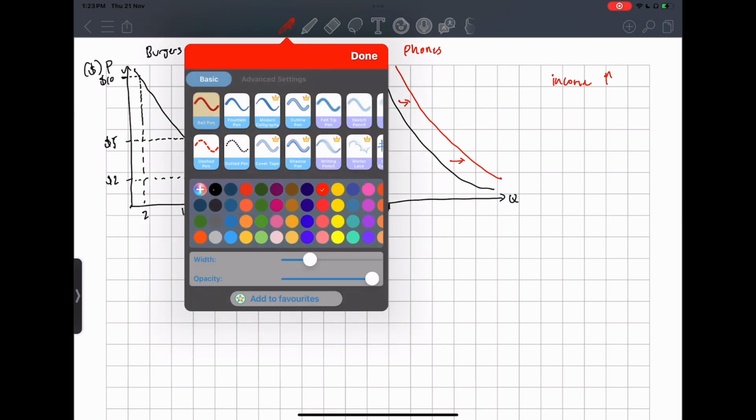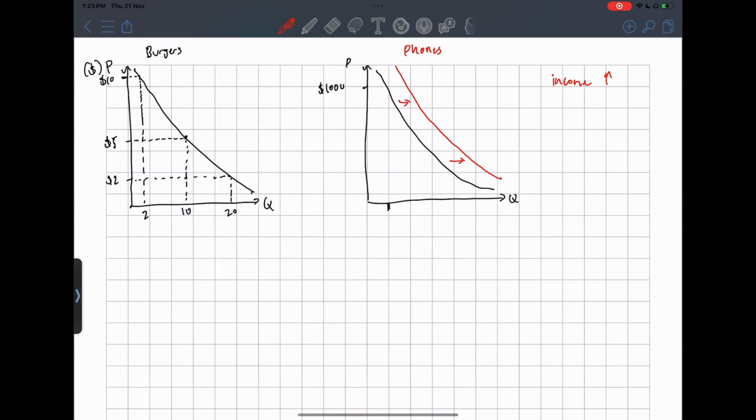Now, when we have our new income, demand for it will be a lot higher at $1,000 because our income has increased. So we can link it up to the new demand curve, and we can see that demand is now here, which is pretty high compared to what we had before. That's an example of how the demand curve itself can shift because of a non-price determinant.